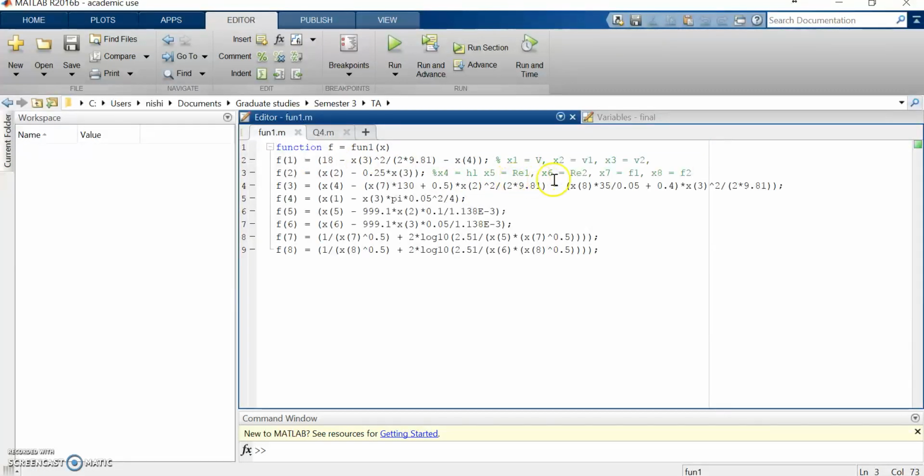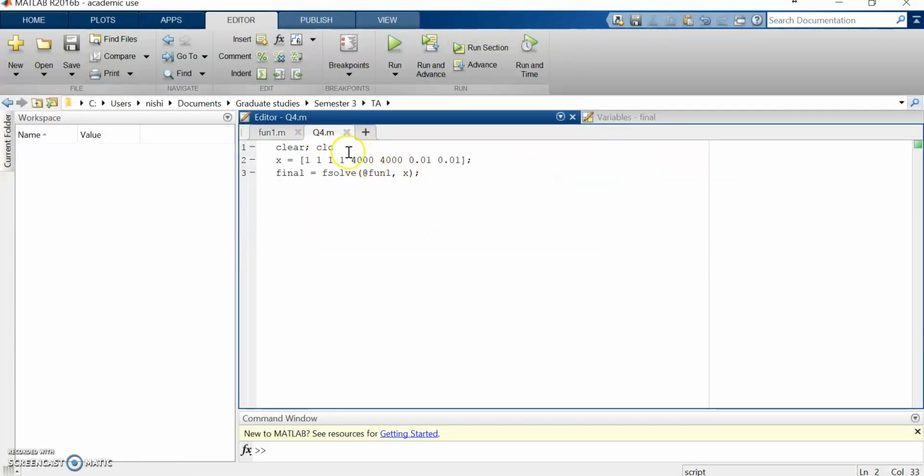Now let's look at x5 and x6. These are the 2 Reynolds numbers. I've made an assumption that the system is a turbulent one, so I know that my Reynolds number is greater than 4,000, but I'm not sure how much greater. So let's just put these down as 4,000 and 4,000.